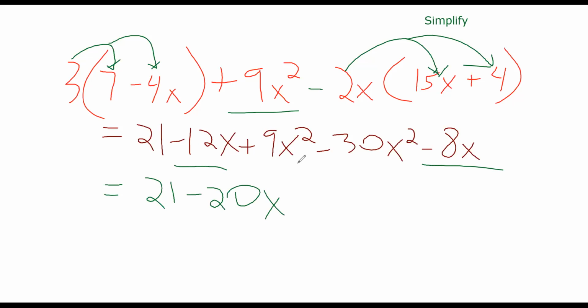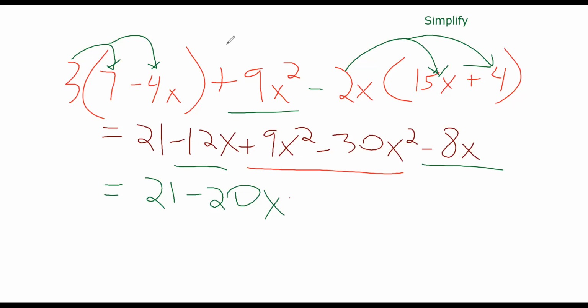Finally, the last 2 like terms are this positive 9x squared minus 30x squared. They're like terms, obviously, because they have the exact same variable setup. They have different coefficients. Even if they had the same coefficients, they're still like terms. So if you take 9 of something and you take 30 away from it, you can't do that in real reality, but in theory, what would that become?